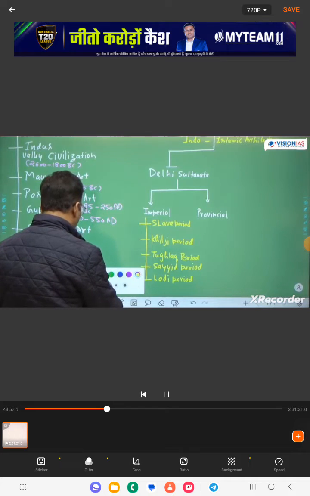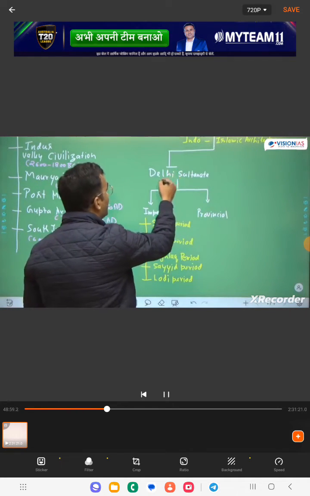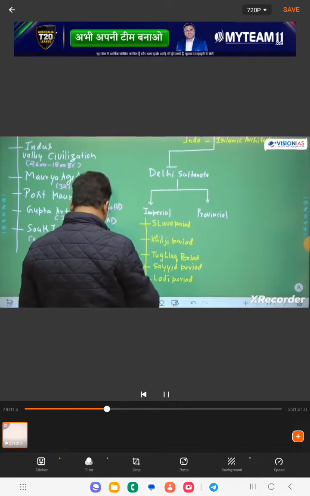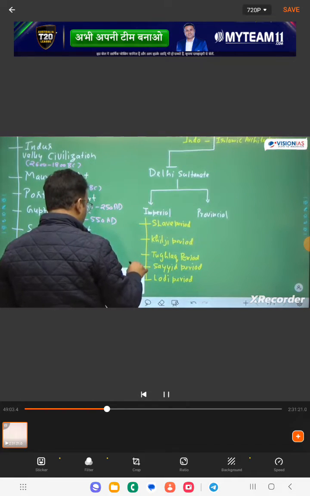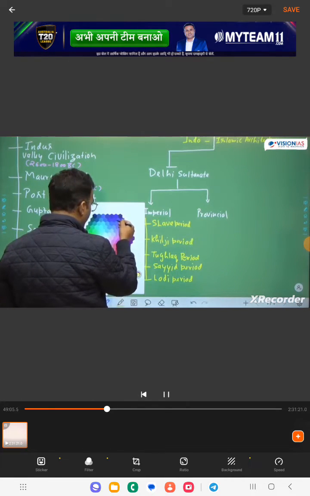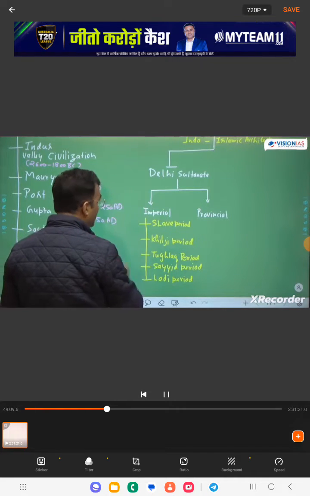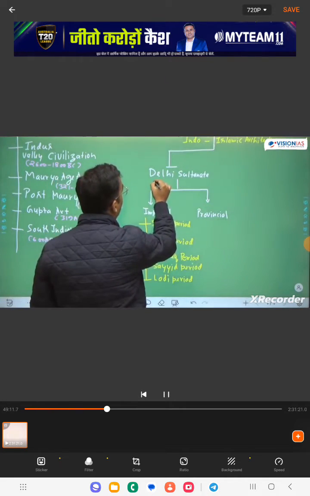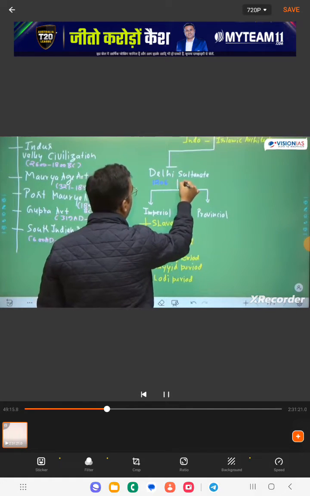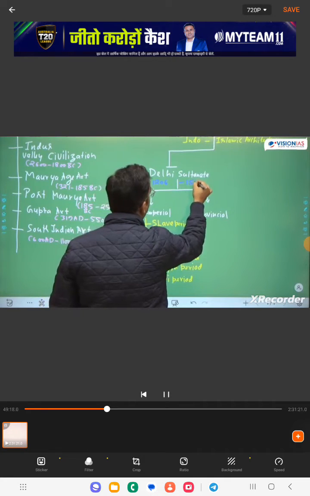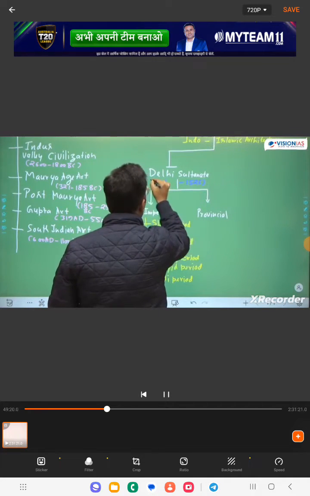If you want to write the dates, okay? The Delhi Sultanate, it all happened in between 1206 to 1526 AD. That is the entire Delhi Sultanate period.